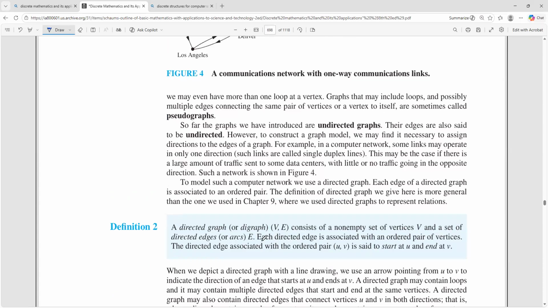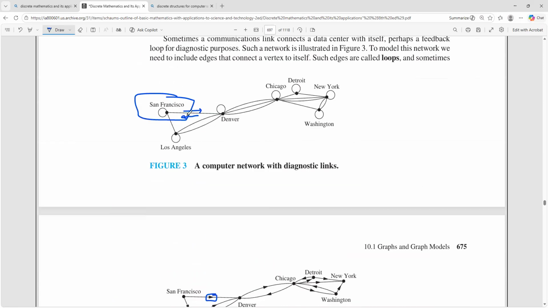So right here we have the idea of directed graphs. We have a digraph, with vertices V and edges E, called directed edges or arcs. In an undirected graph, the pair UV just means there's an edge between them.